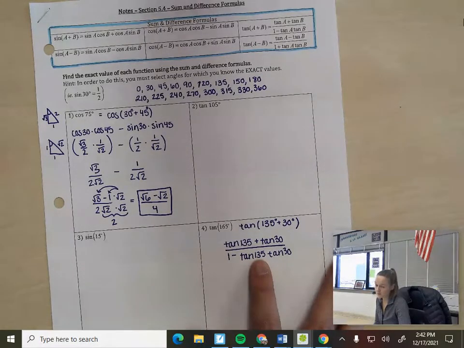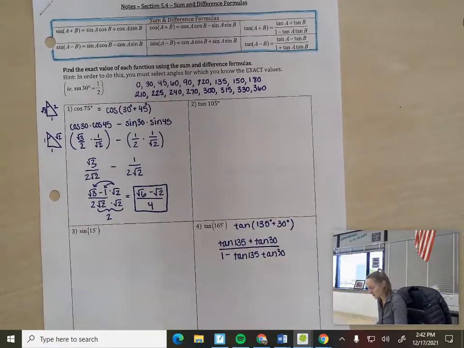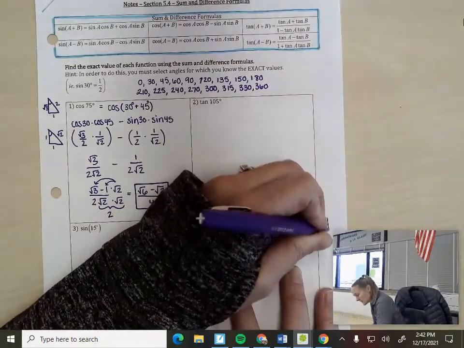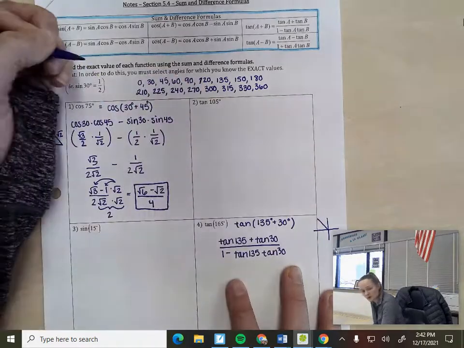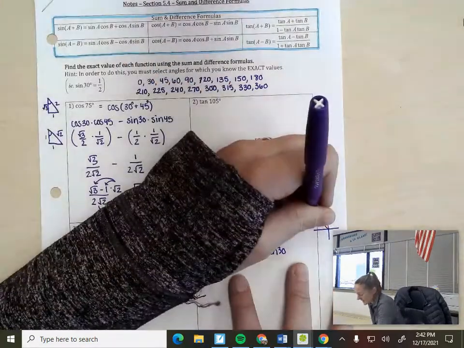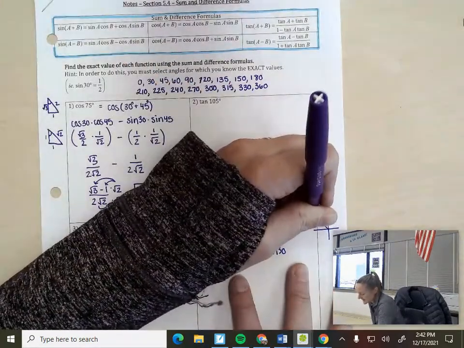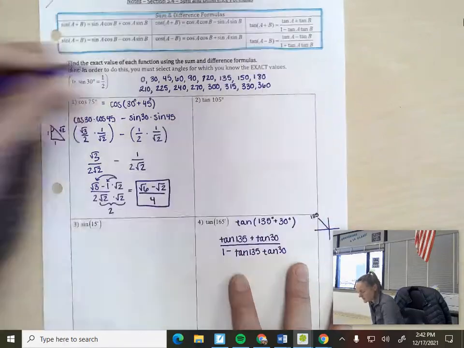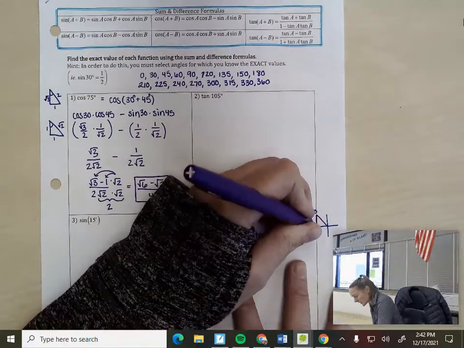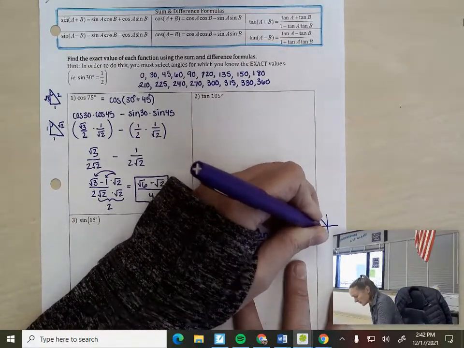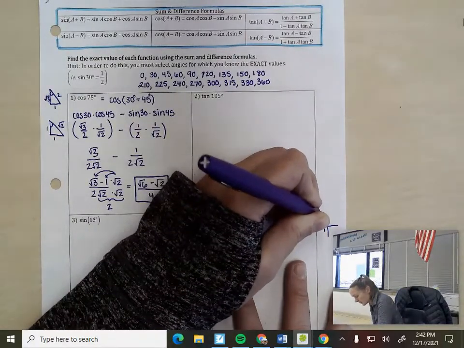It comes from a 45-degree angle because 135 is equal to 180 minus 45 degrees. That would be in the second quadrant. But since it's using a 45-degree angle, I would use my 45-45-90 triangle. So this would be negative 1, 1 and root 2.